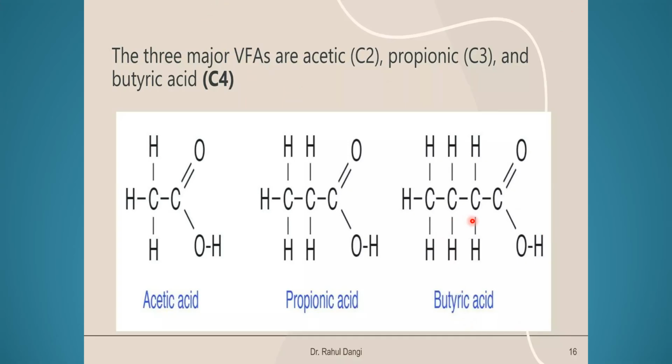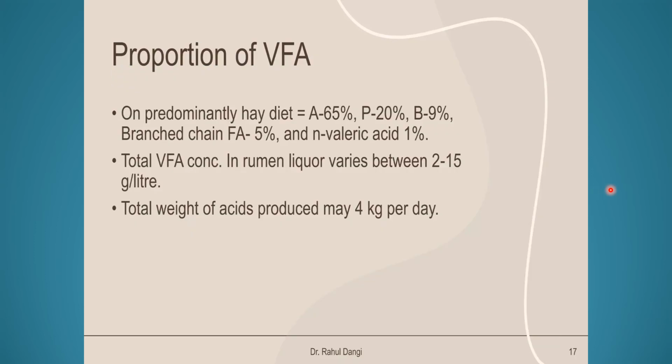Butyric acid is a little more complicated than the simple structure of acetic acid. The propionic acid has a three carbon moiety, whereas butyric acid contains four carbon moieties. Acetic acid has only two, propionic acid three, 1 2 3, whereas butyric acid contains four carbon moieties.